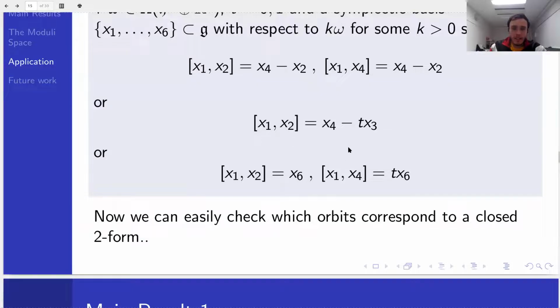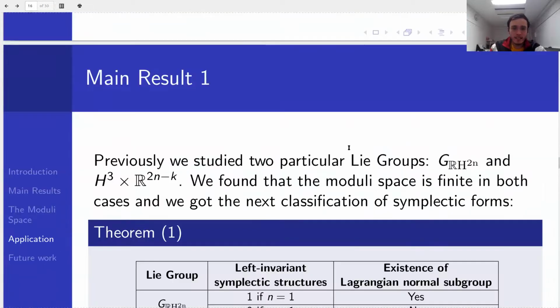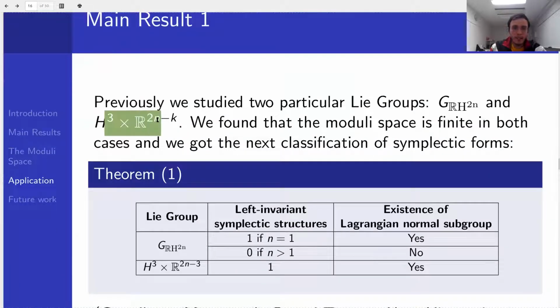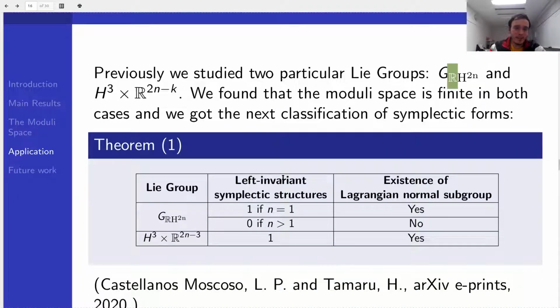So doing this for any dimension of this Lie group, and also this Lie group has an even bigger automorphism group. So that was the reason that we selected these two Lie groups. So we found this, the first result.